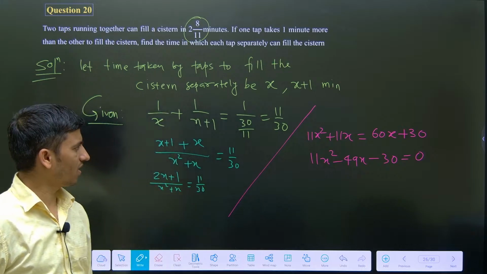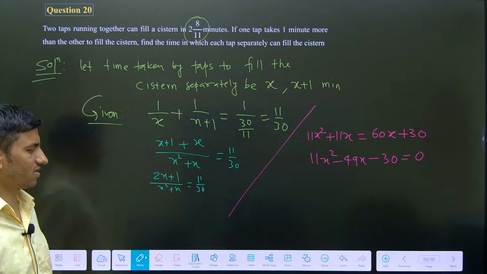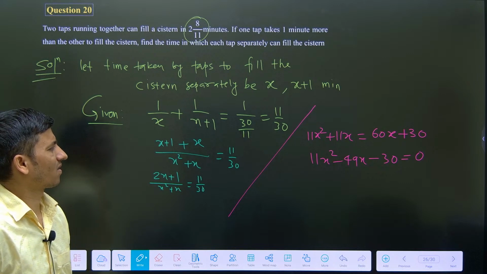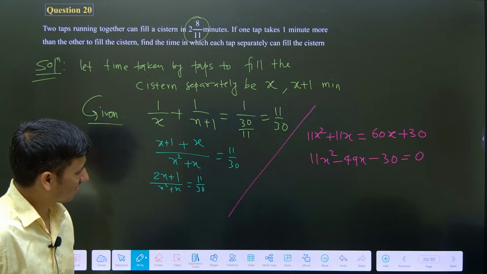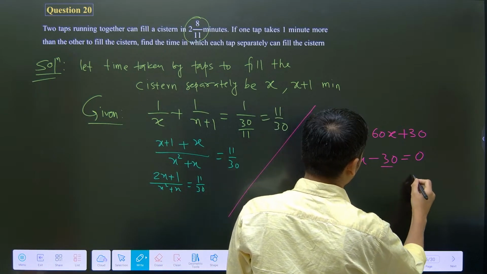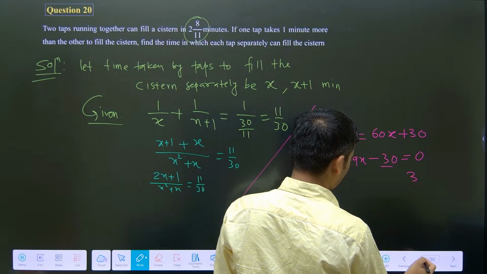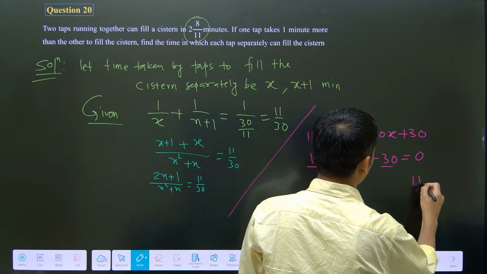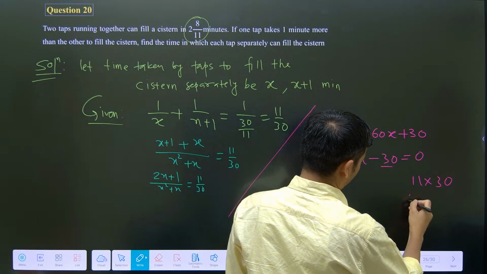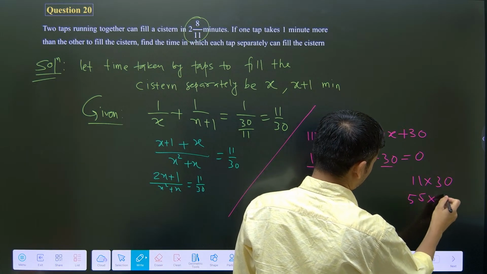Eleven x square minus 49x minus 30. So we will multiply this 11 and 30. It's actually 330, right? Or you can write 11 into 30, which can be written as 55 into 6, right?